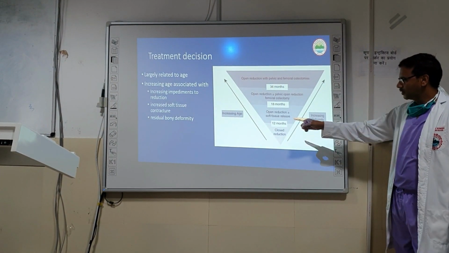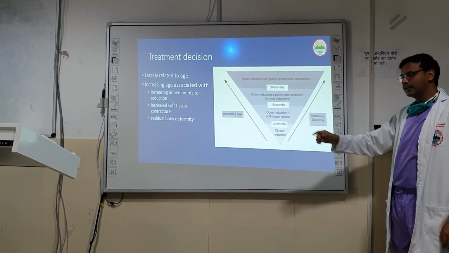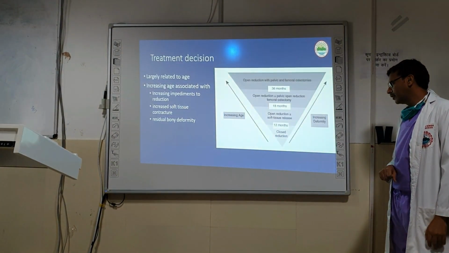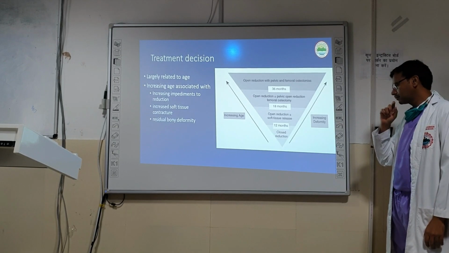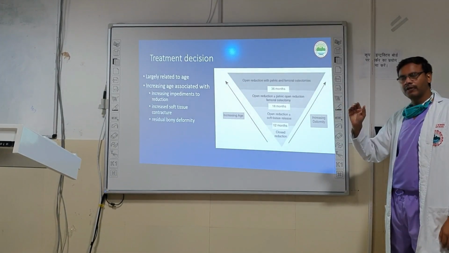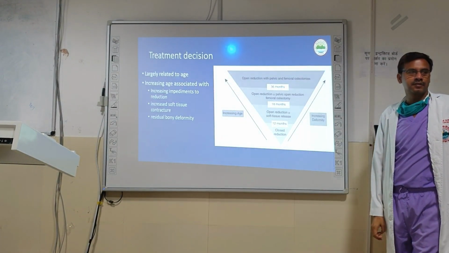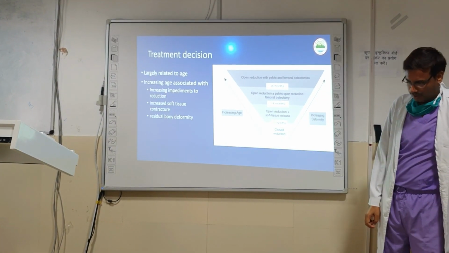But as the child is increasing in age, then the operative intervention is more required. That may be up to say 1.5 years of age. So this is the time period when most of our cases come to us.